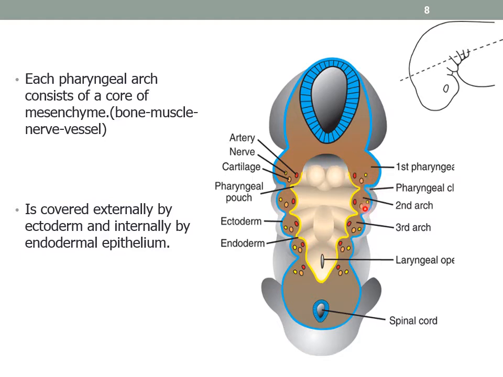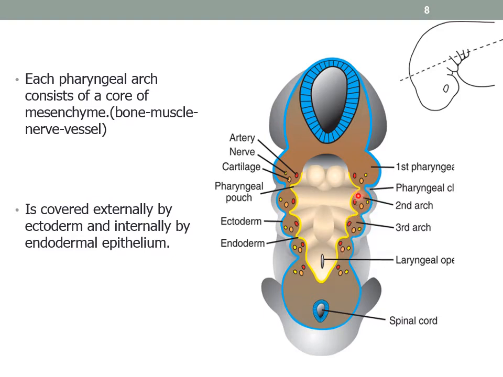Here we have these arches. These are the pharyngeal arches, consisting of a core of mesoderm. From outside, we have these grooves. These are pharyngeal grooves or clefts, and they are covered by ectoderm. So in the pharyngeal cleft, we have ectoderm. In the pharyngeal arch, we have mesoderm.